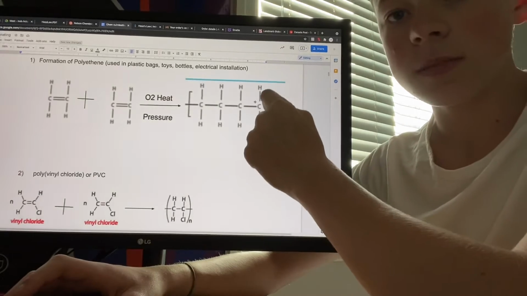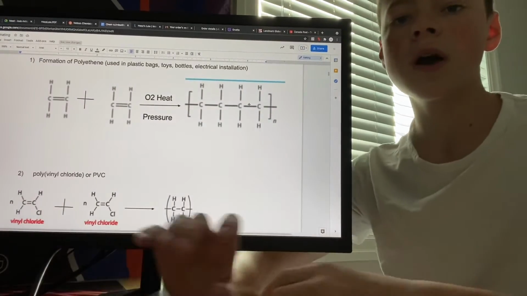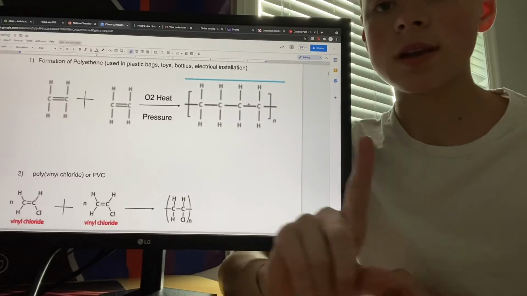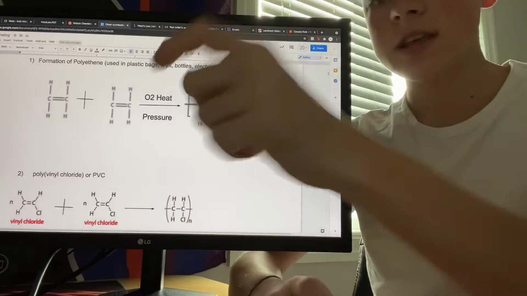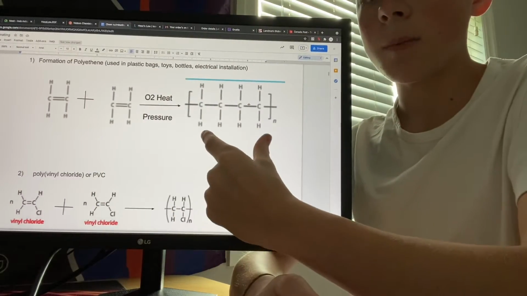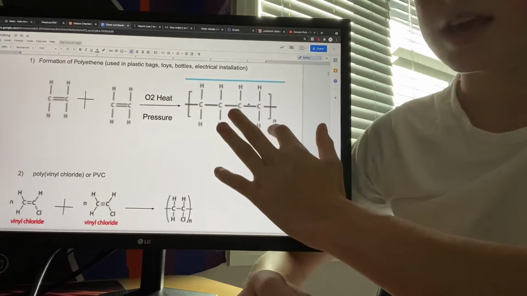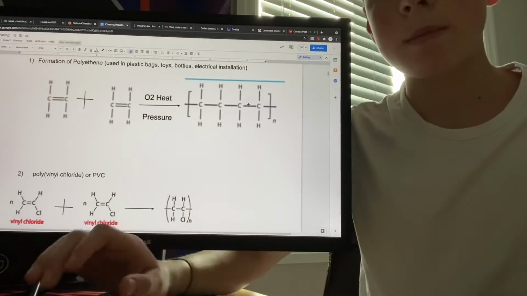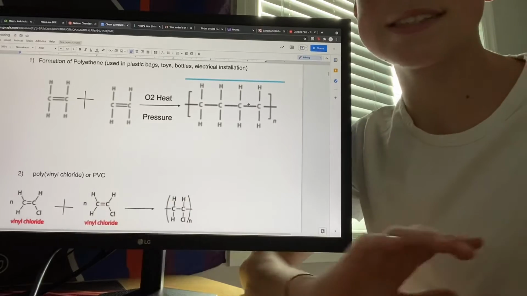So that's what this means right here. You have to do just one link of this. This would be one link because you're adding these two together. And then the n means it continues for an infinite amount, or as many as you have, really.